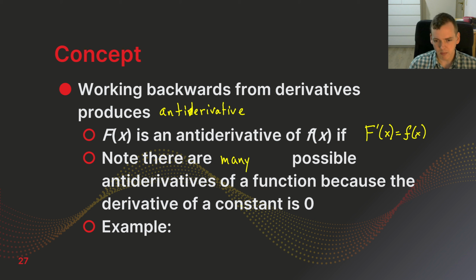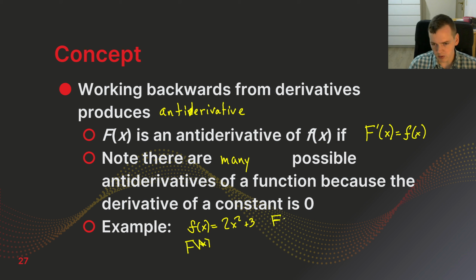Note that there are many possible antiderivatives of a function because the derivative of a constant is 0. So for example, little f of x is equal to 2x squared plus 3.